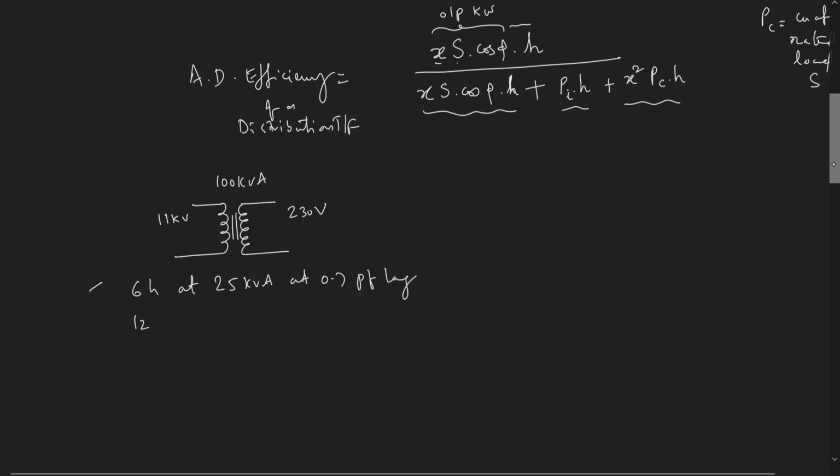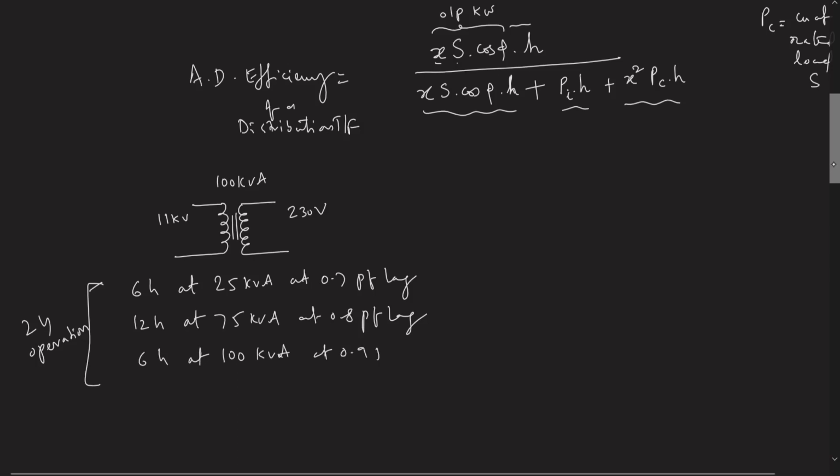It is operating for 24 hours overall: for 12 hours it will be operating at 75 kilovolt ampere at 0.8 pf lag, and the remaining 6 hours at full load, that is 100 kVA at 0.9 power factor lag.